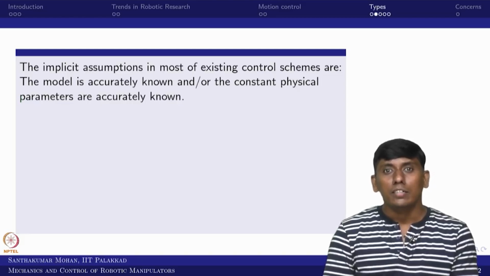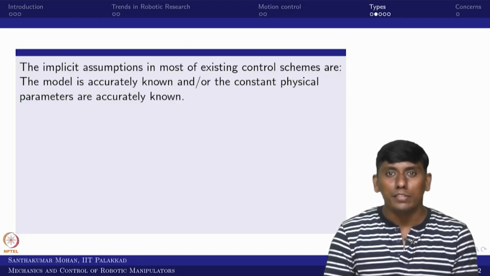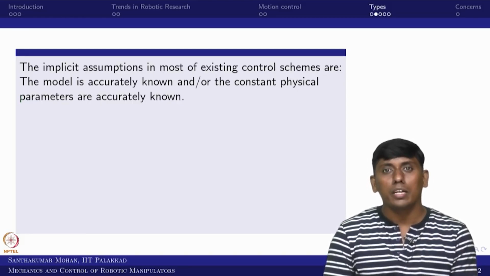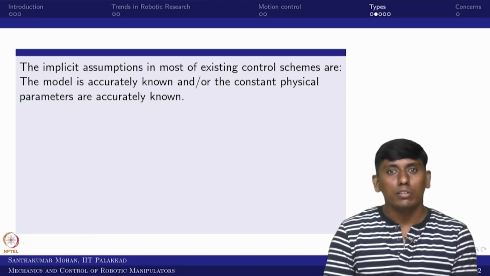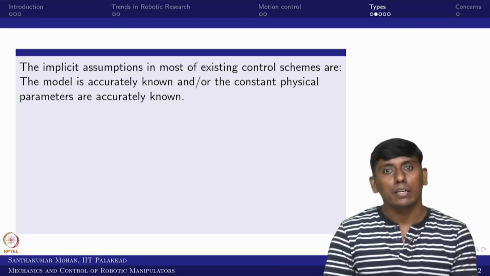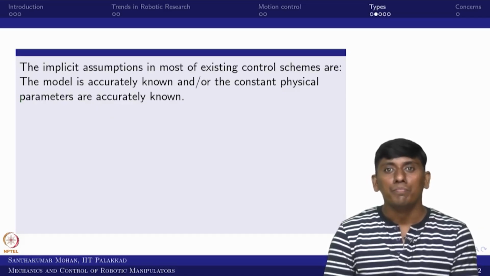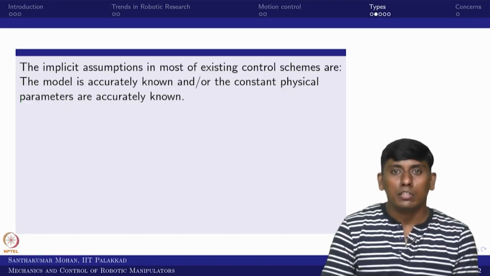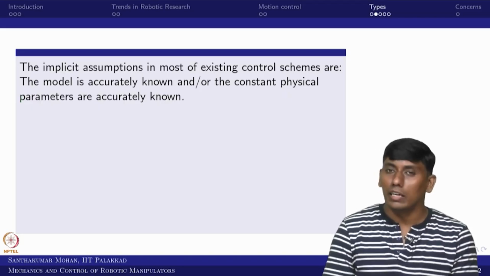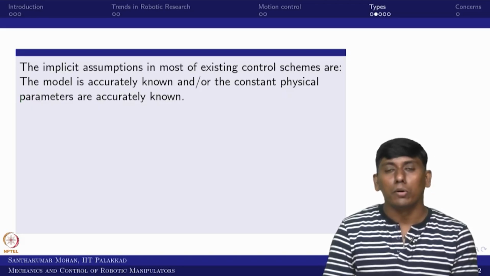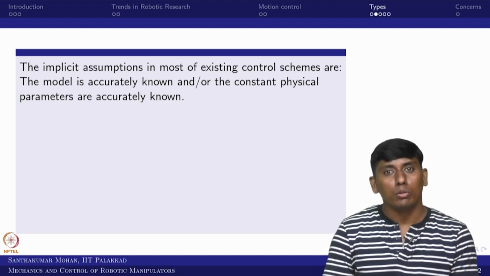In that case, the robust control, the name itself says robustness. What does that mean? It is least affected by the external impact. For example, it's supposed to go in a straight line, and even if you disturb it in the lateral direction, it has the least response to that. So that is what you call robustness.